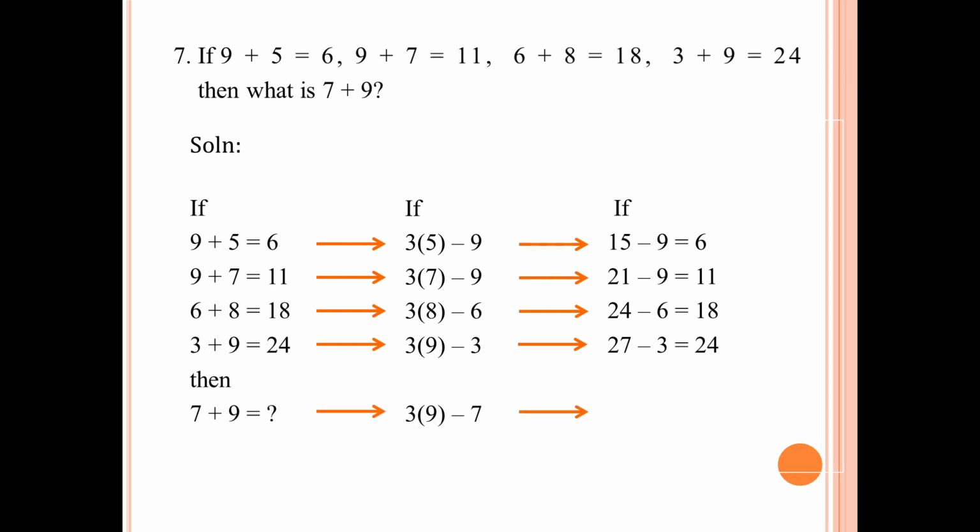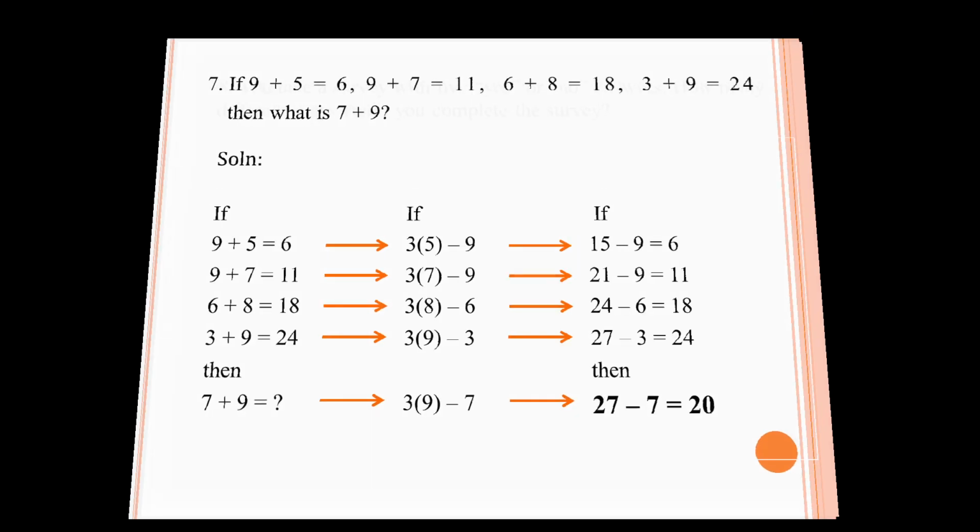And our final answer is 27 minus 7 equals 20. So in short, in this kind of conditional problem, if-then, the best way to solve it is to try to find a pattern that will satisfy all the rows in a given equation. Okay, so that is number 7.